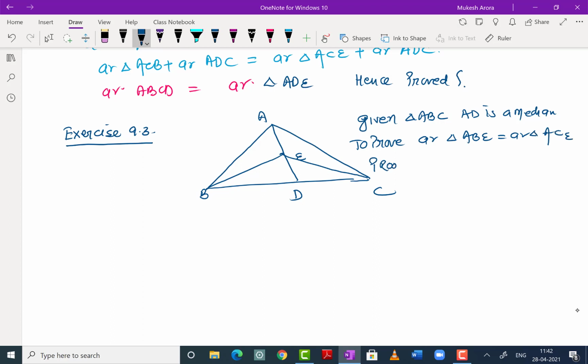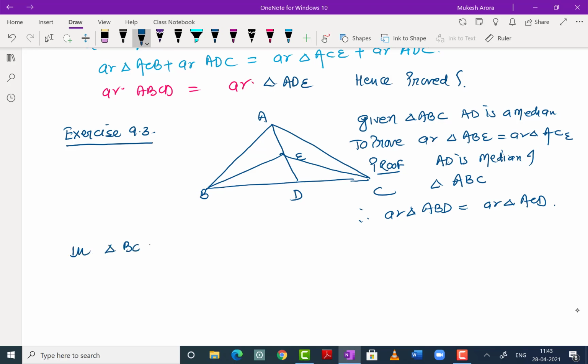Proof. AD is median of triangle ABC, therefore area of triangle ABD is equal to area of triangle ACD. In triangle BCE, ED is a median.